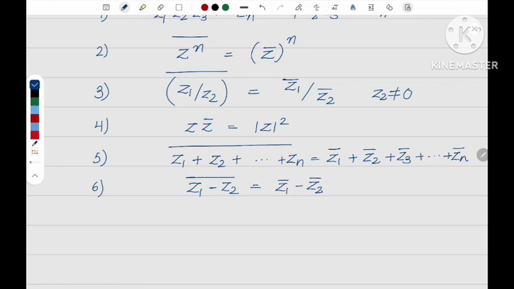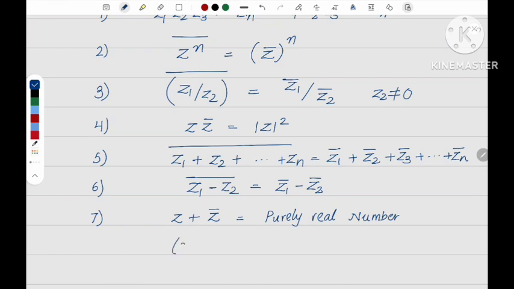Okay, this property that I am going to write now is also very important, that if I add a complex number to its conjugate, you get a purely real number. What you get is a purely real number.